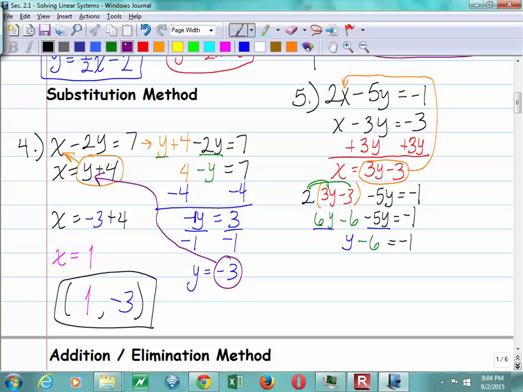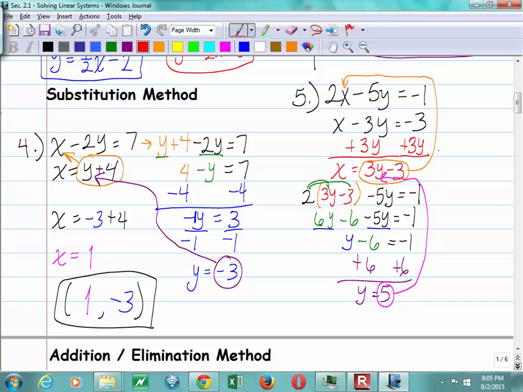Then I'm just going to add 6 to both sides. So that gives me y equals 5. And now that I know that y is equal to 5, I can take that 5 and plug it in place of the y right there.